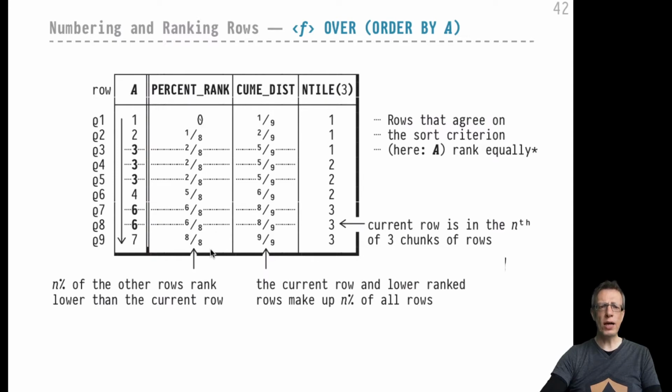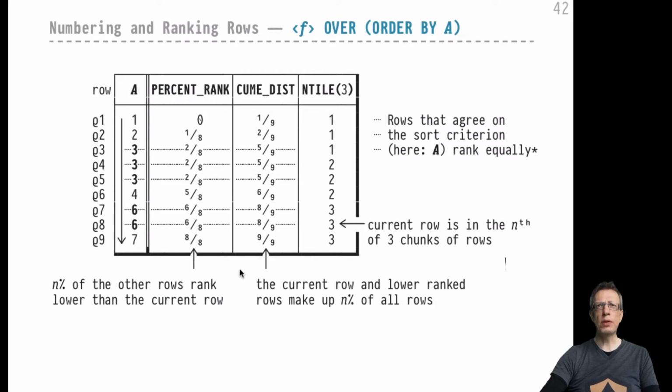If you're looking at the last row here, all of the other rows rank lower than our current row itself. So that would be 100% or 1, or in this case 8/8. All right, so this is the semantics of the percent rank. A ranking of the current row regarding all other rows, expressed in percent.